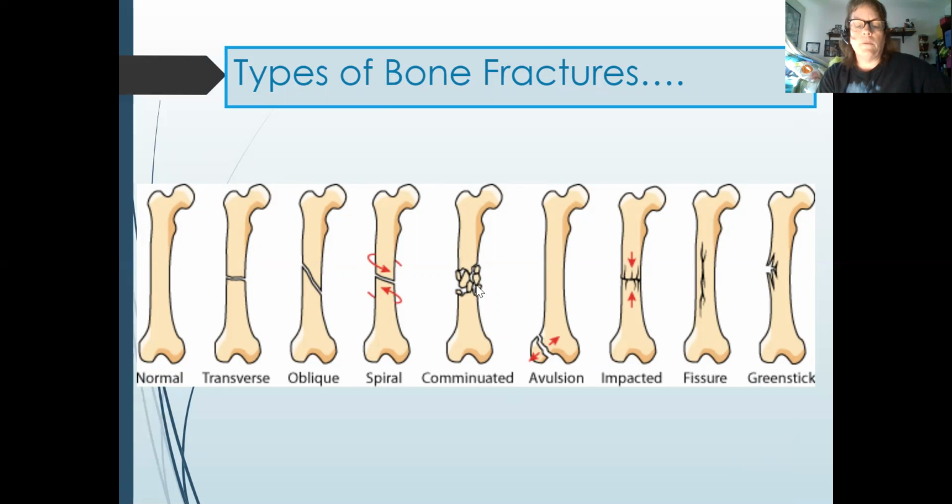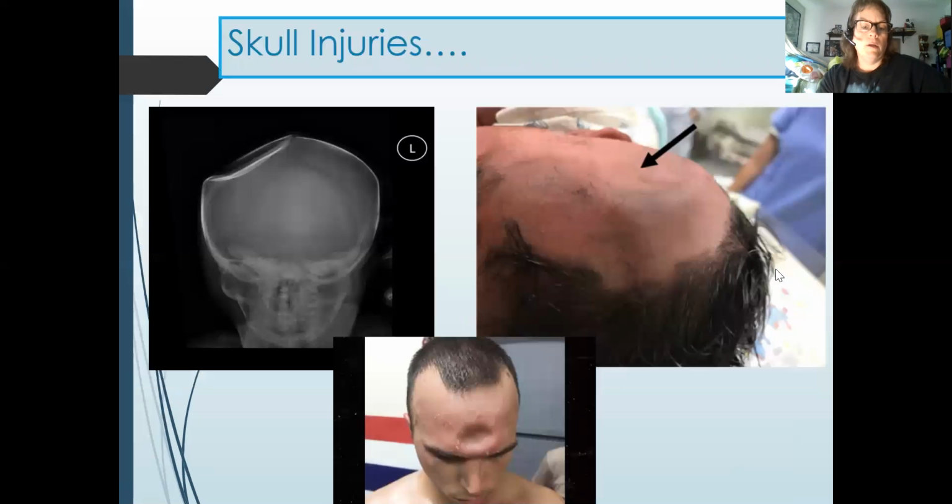Then you have this one right here, where it's basically crushed in this area. And the avulsion is where you're kind of cutting off part of the head of the bone. Impacted means that the bone was forced together, so it's kind of cracked there due to the compression. You have fissures that run along the bones here, and then this greenstick is just where you have a break, but it doesn't go all the way through.